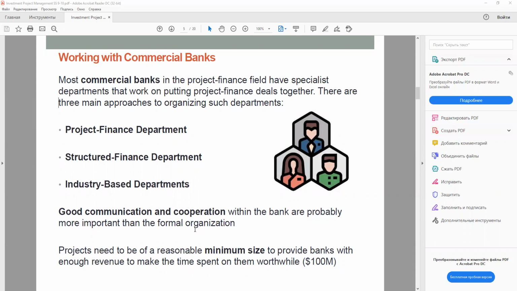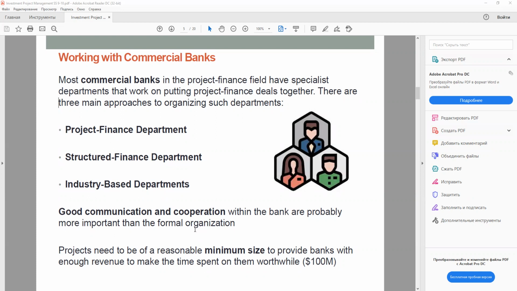Projects need to be of a reasonable minimum size to provide banks with enough revenue to make the time spent on them worthwhile. Arranging debt for a project much under, say, $25 million is unlikely to be economic, and most major banks would prefer to work on projects of, say, 100 million or more. And I can assure you from my own experience that it is pretty much the same in our local banking industry too.